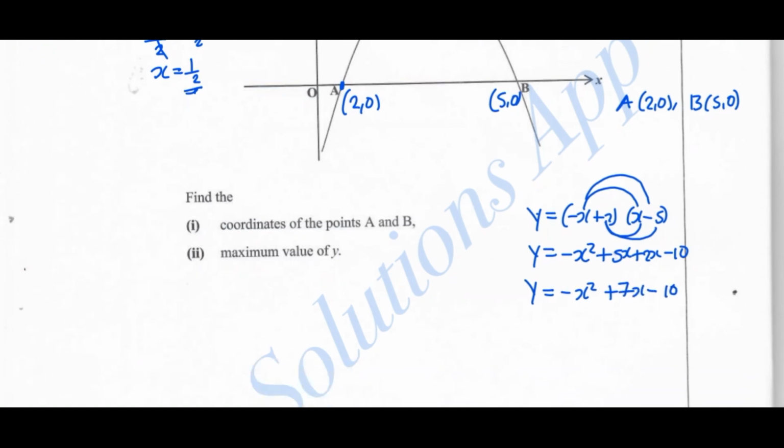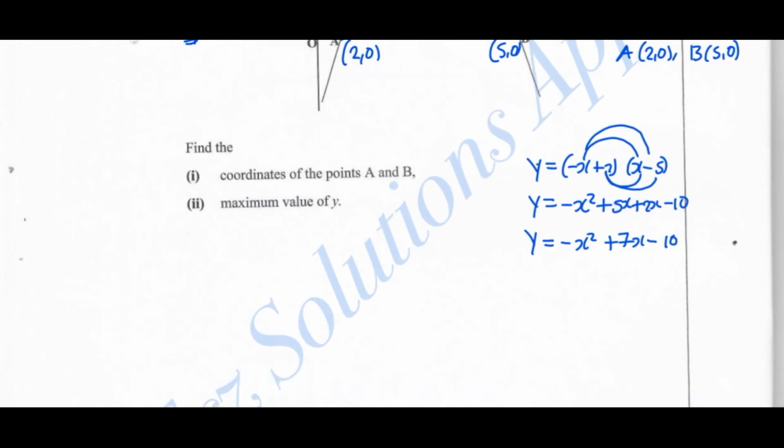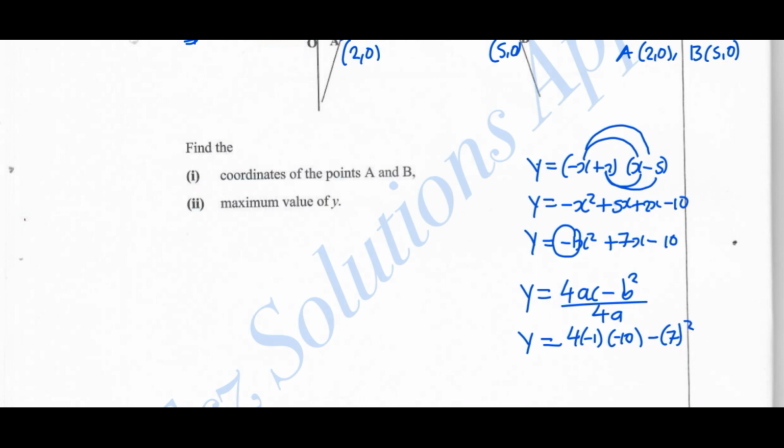So to find the maximum value, we use y is equal to 4ac minus b squared over 4a. So the a is negative 1, the c is negative 10, the b is 7, squared, over 4 times negative 1.